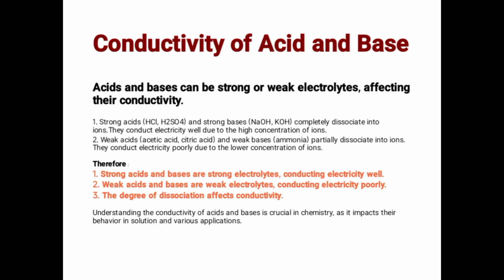Therefore, strong acids and strong bases are strong electrolytes and will conduct electricity well. Weak acids and weak bases are weak electrolytes, therefore will conduct electricity poorly. The degree of dissociation affects the conductivity. That means the degree of dissociation into ions is directly proportional to the conductivity.